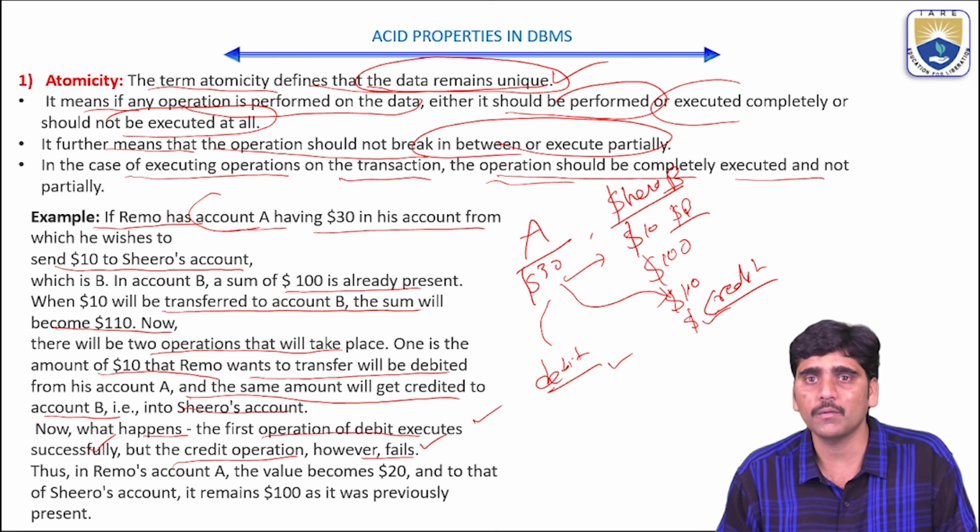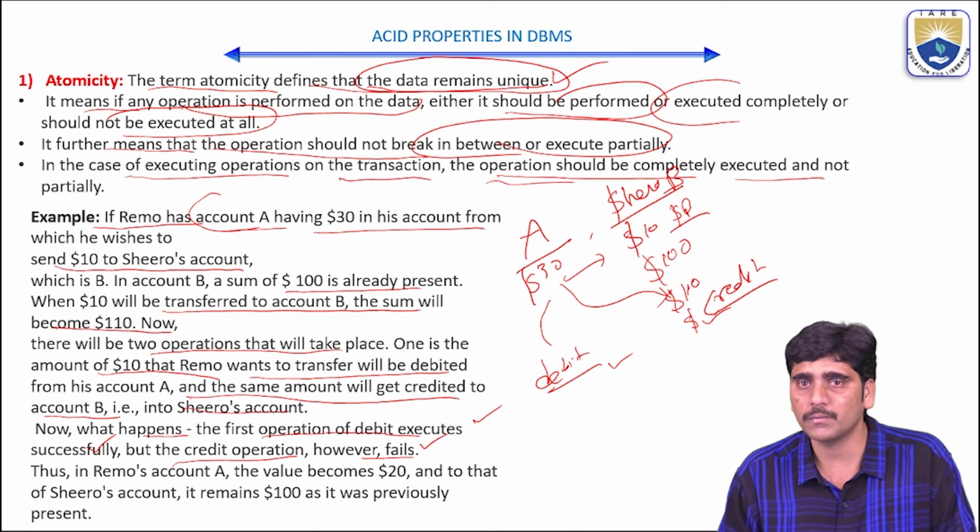If any transactional operation fails, then atomicity, consistency or isolation may not be satisfied. This is how we can understand transactional operations in real time.